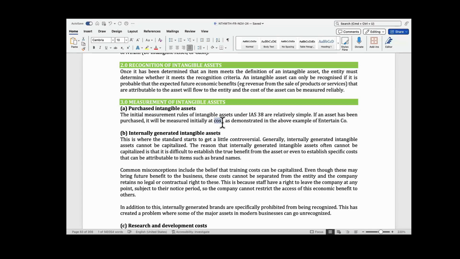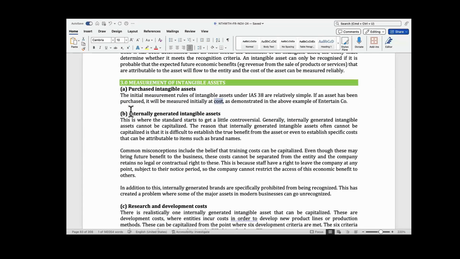But mostly, you'll find out that a lot of intangible assets would be internally generated. A typical example would be your brand name or your goodwill, or maybe your intellectual property, or maybe the skills of your staff.